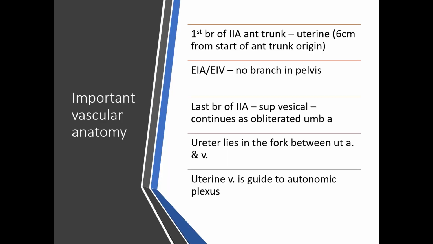Now, some important points about this anatomy. Number 1, the first important medial branch of the internal iliac artery anterior trunk is the uterine, okay? And it branches off almost 5 to 6 centimeters from the origin of the internal iliac artery.